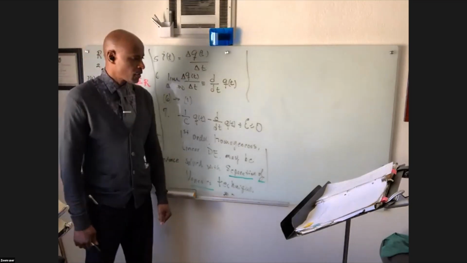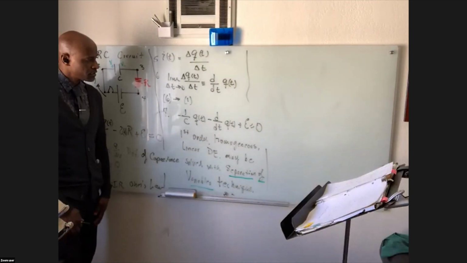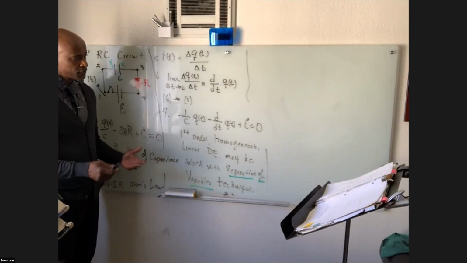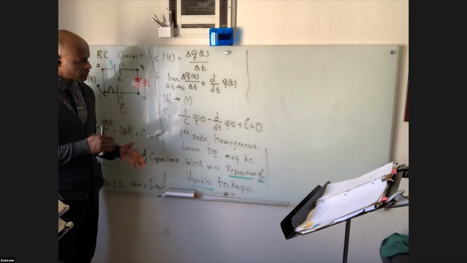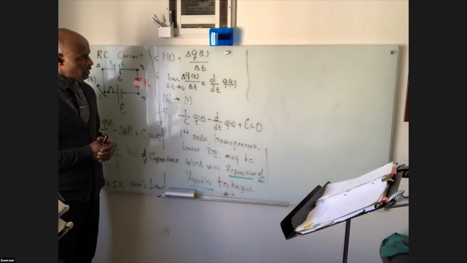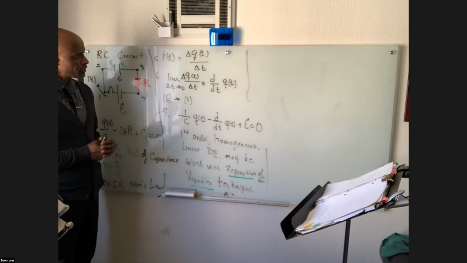That's right. Why don't you all take a few minutes, maybe 3 or 4 minutes, to see if you can at least make some progress working towards solving this differential equation.